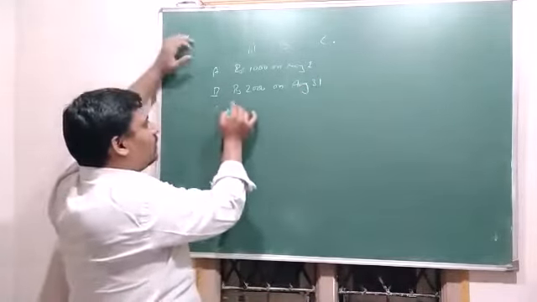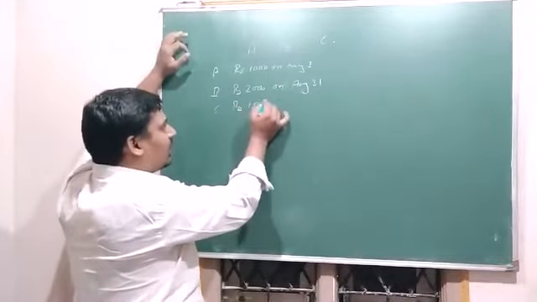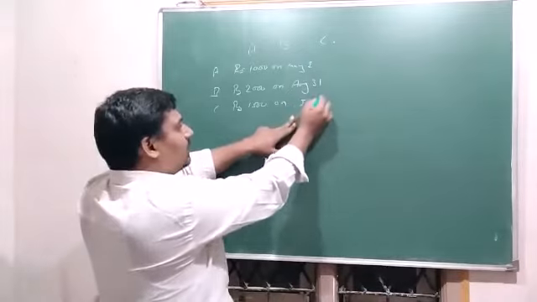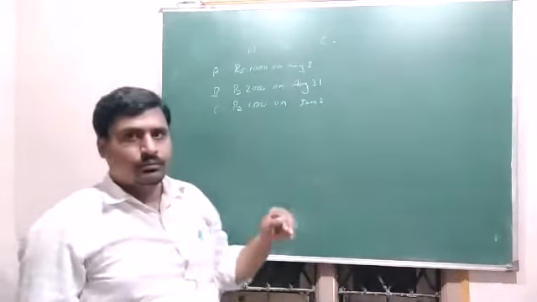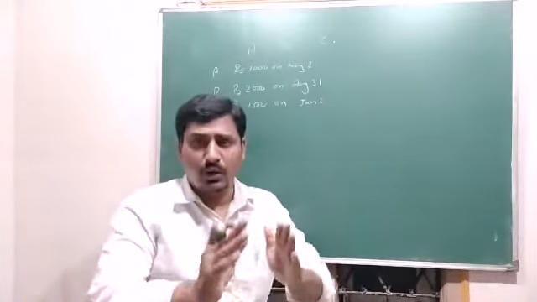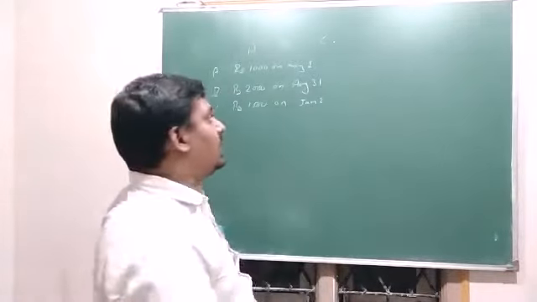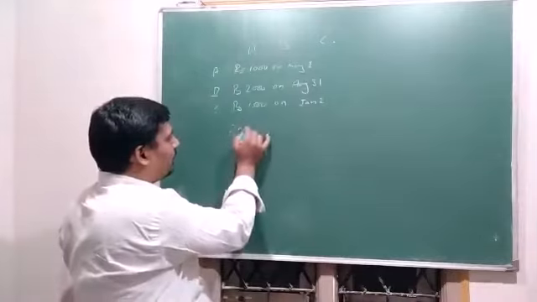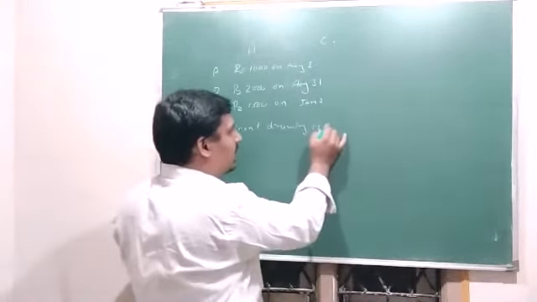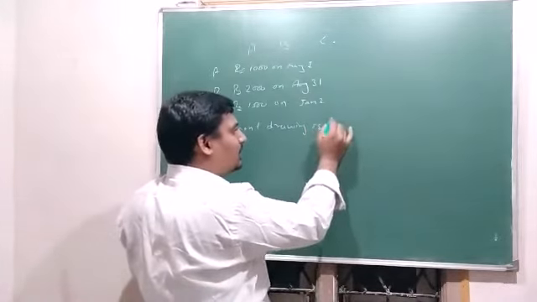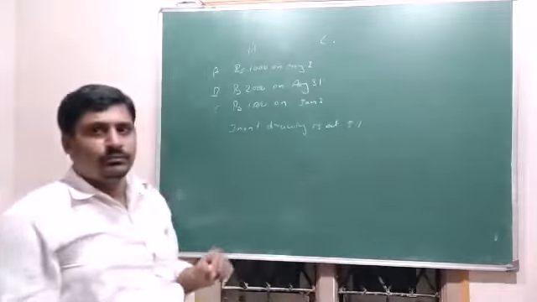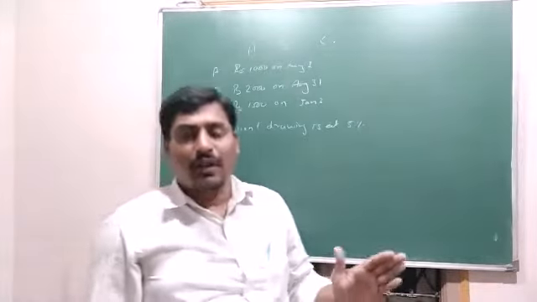Then C withdrew rupees 1500 on January 1st. So all 3 persons have withdrawn amounts on different dates and only once in a year. So here interest on drawings is allowed at 5% per annum.